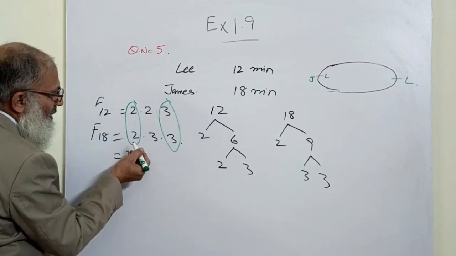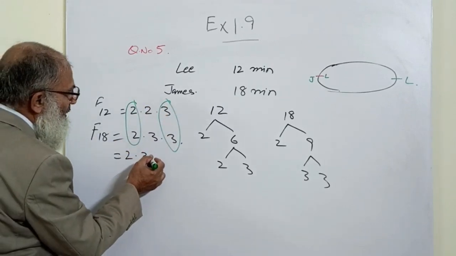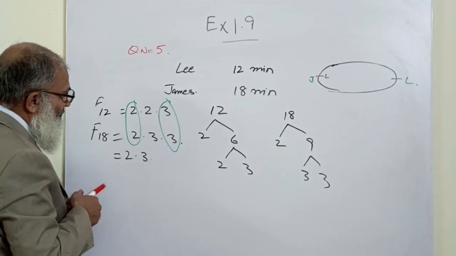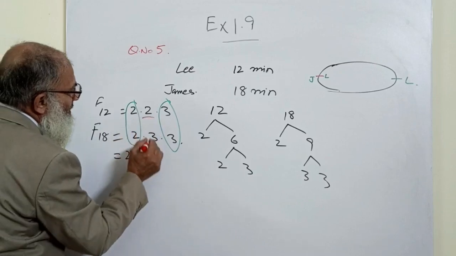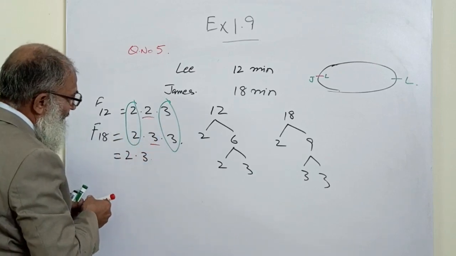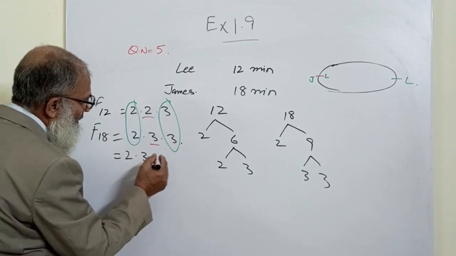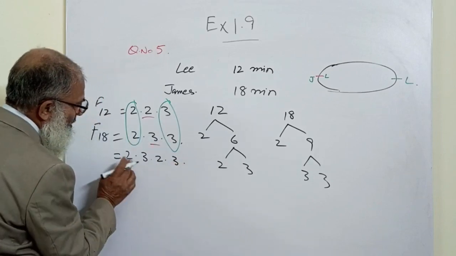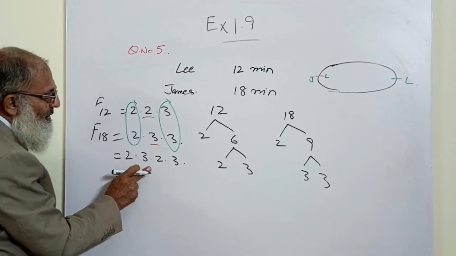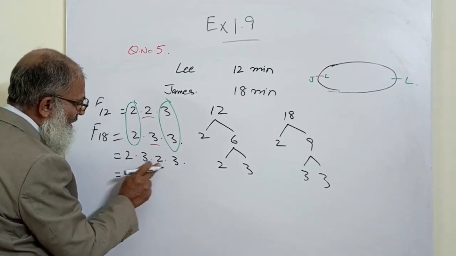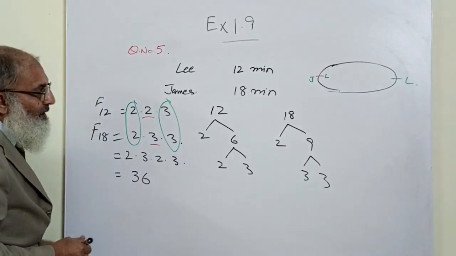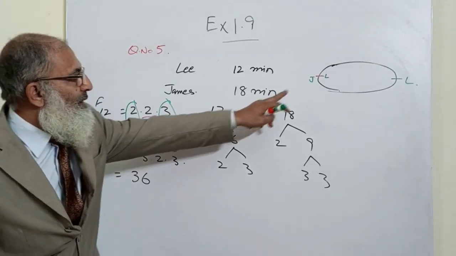These are the common, and the leftover are this and this. We write all the leftover numbers again, starting from the top. It becomes 2 times 3 is 6, 2 times 3 is 6, and 6 times 6 is 36. After 36 minutes, they'll meet again.